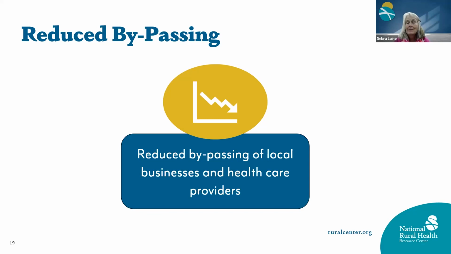As a community begins to understand what services are really offered locally, they're much more likely to stay there, which reduces that bypassing, that out migration, which does cost our healthcare organizations a lot of dollars. And so community care coordination really can help reduce that bypassing.